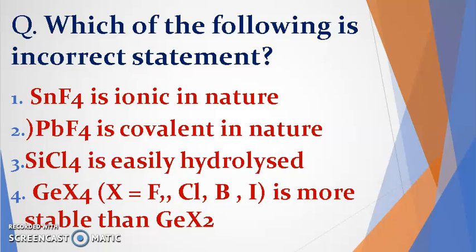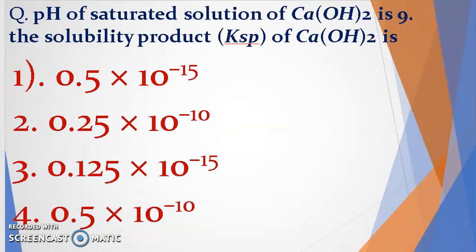Got it? Okay. So let's go to the second question now. The pH of the saturated solution of Ca(OH)2 is 9, and we have to find out the solubility product, Ksp, of Ca(OH)2. They have given a saturated solution of Ca(OH)2 with a pH value of 9.